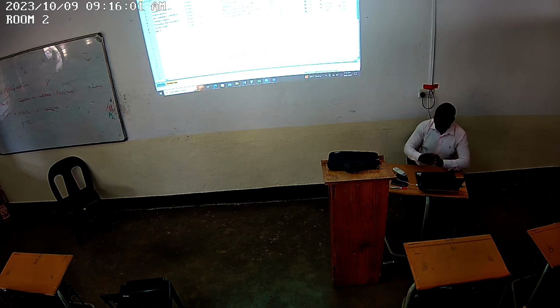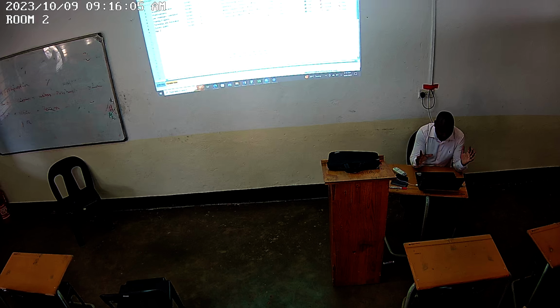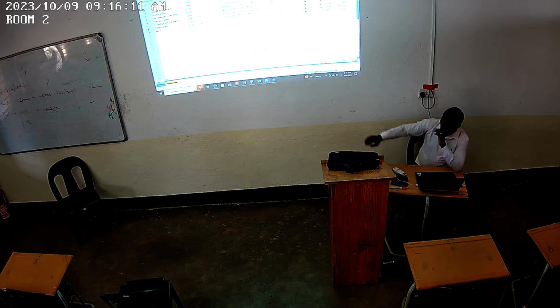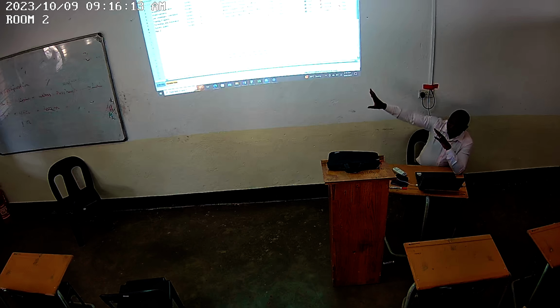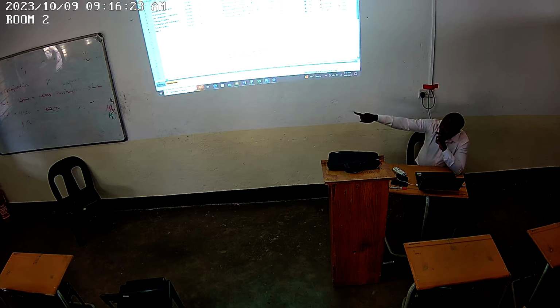Otherwise, in SPSS, the first thing that we need to know about SPSS, and the only thing that we need to know to go into SPSS, is that if you open it, it will give you this landing page. And this landing page has got 2 windows. The first window, headed in yellow, is called the variable view window.